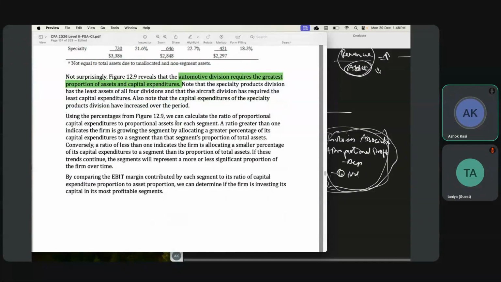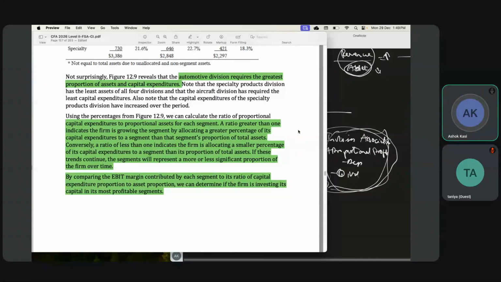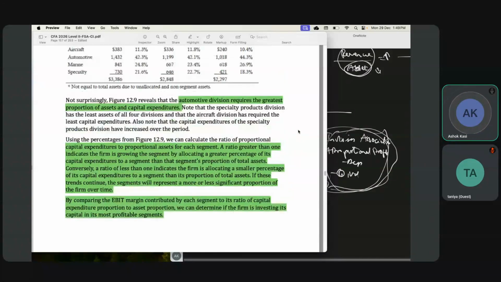Then this paragraph you can read. A ratio greater than 1 indicates that the firm is growing the segment by allocating a greater percentage of its capital expenditure to a segment than that segment's proportion of total assets.